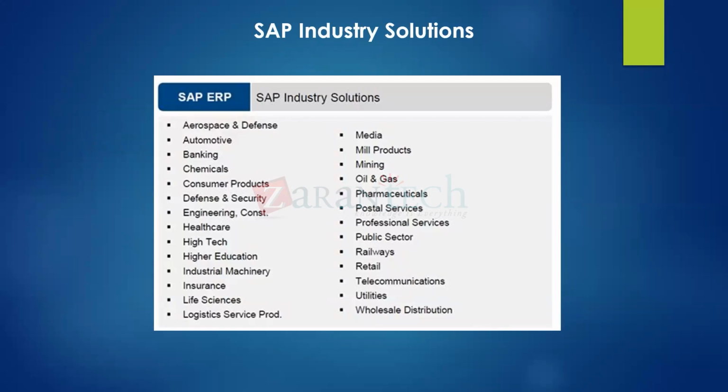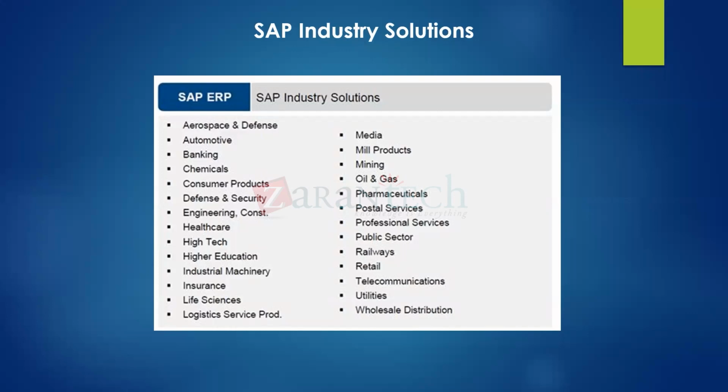Like when it comes to manufacturing, you call it a material. But in some other industry like utilities, the base product they are procuring or selling is not a material; it could be something else, so the terminology is different. Though you are using SAP software, the screens, terminology, and business processes are different for each industry, right?